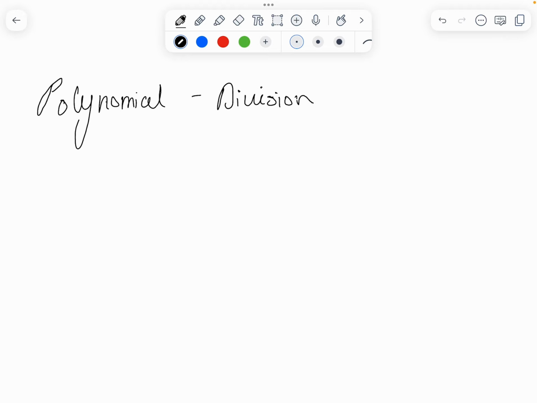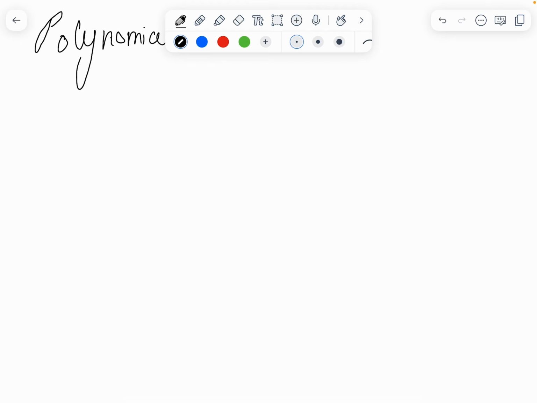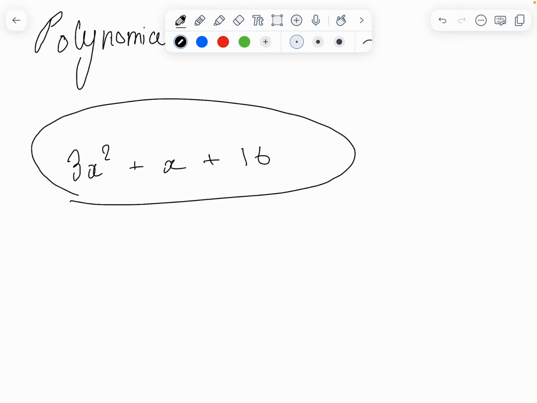A polynomial can be any sort of x expression, for example 3x squared plus x plus 16. That is a polynomial.